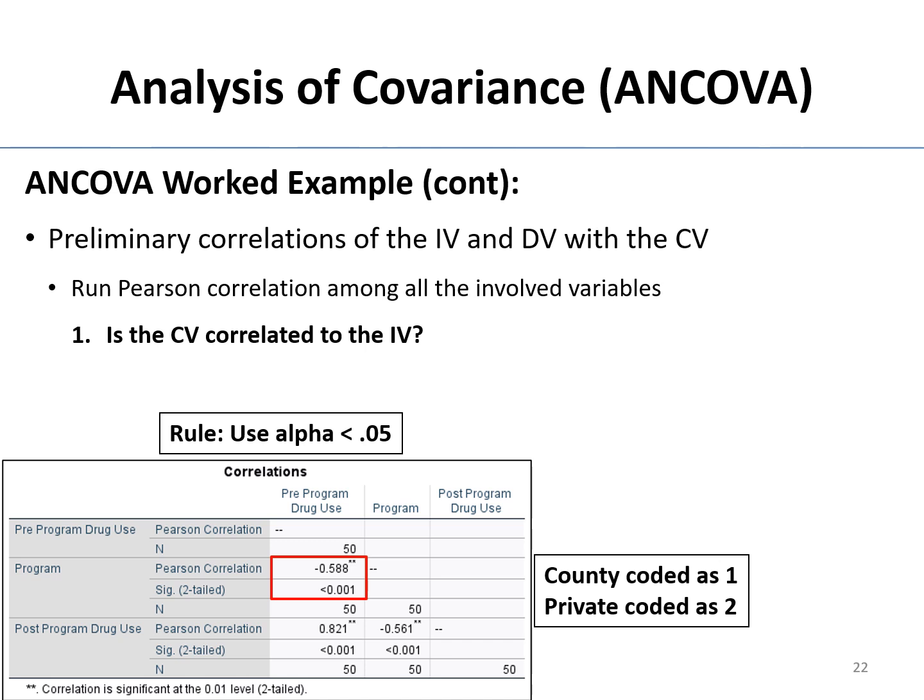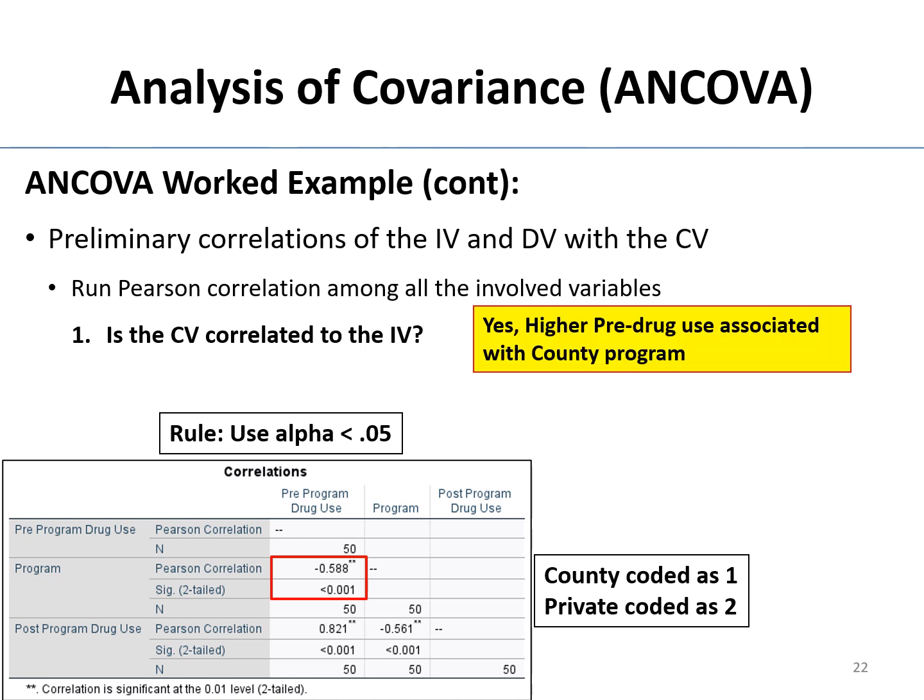So as program goes up, that is private, baseline drug use tended to go down because it's a negative correlation. That is a complicated way of saying that those who went to private tended to have lower baseline drug use. So the flip of that is higher pre-drug use associated with county program, which is just the opposite of what I said. But it works.